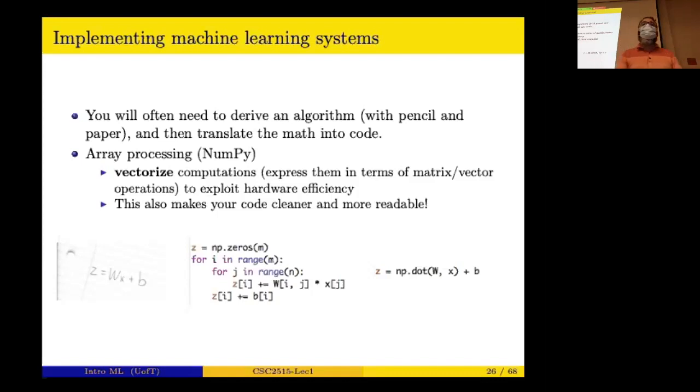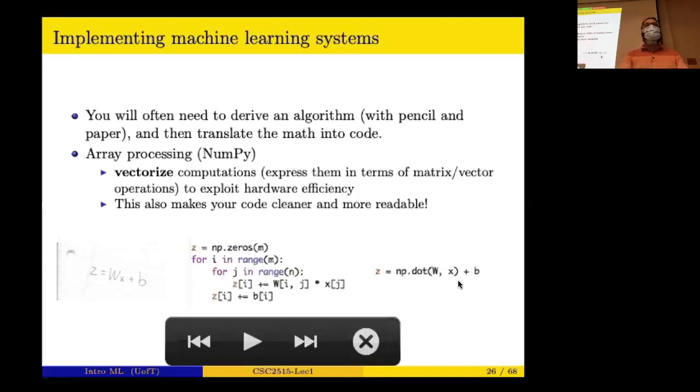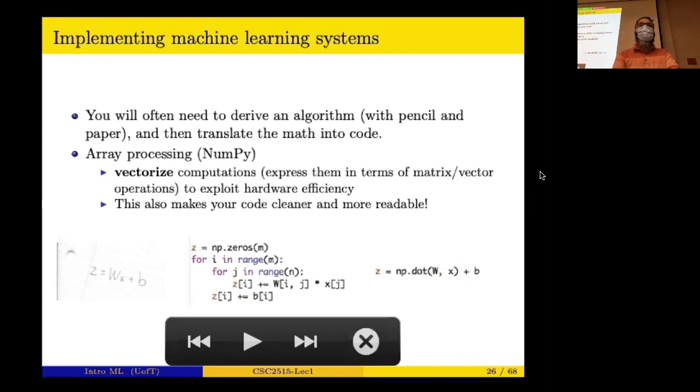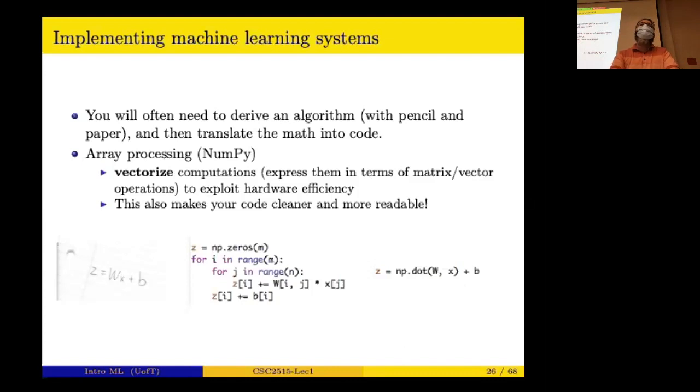Essentially, dot would be translated to for loops in C, C++, or Fortran, or those lower level languages. But in Python, for loops are super slow, and we usually use Python in most of our machine learning code because it provides a very good high-level programming language to implement our algorithms. Doing it with C or C++ would be very cumbersome, unless performance is the real bottleneck.